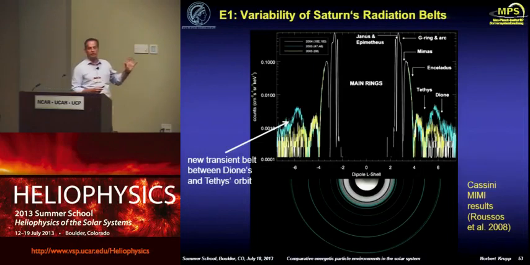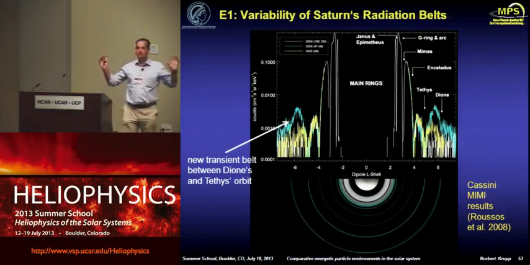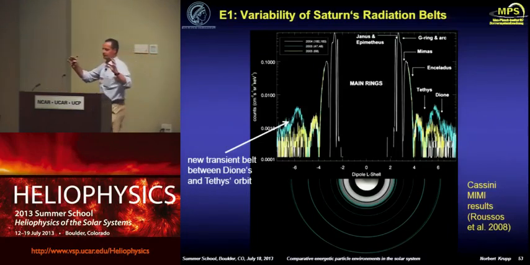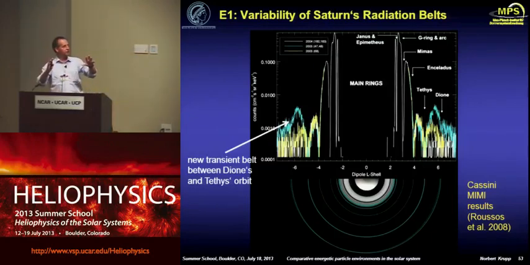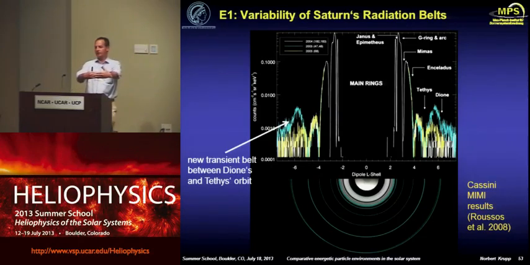So this told us already that even if there is a solar wind or heliospheric influence on the structure and the overall configuration of Saturn's magnetosphere, it is only valid until they reach essentially a boundary inside the orbit of Dione, between Dione and Tethys.